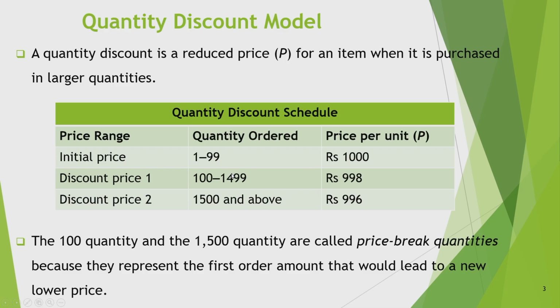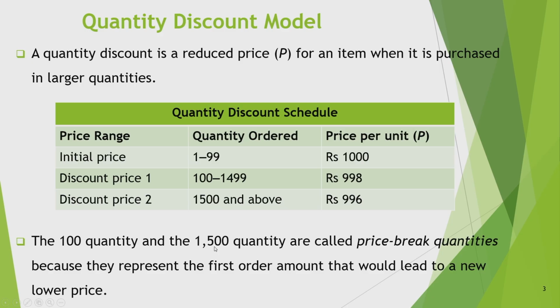If you purchase more, some price reduction will be given. Suppose somebody purchases 100 or more units, but less than 1500. In that case, the price will be only 998, and if he purchases more than 1500, then the price will be 996. So there are two discount prices and one initial price.